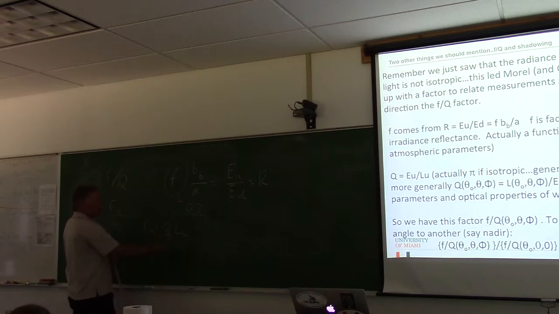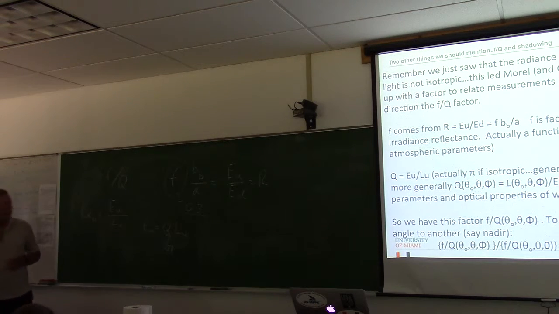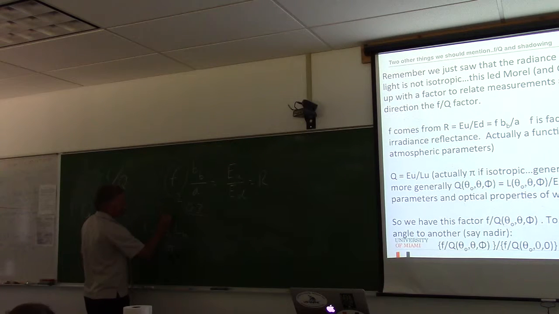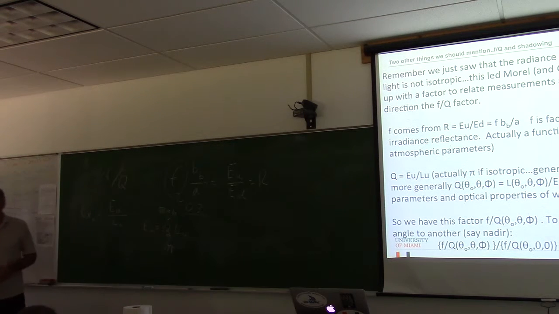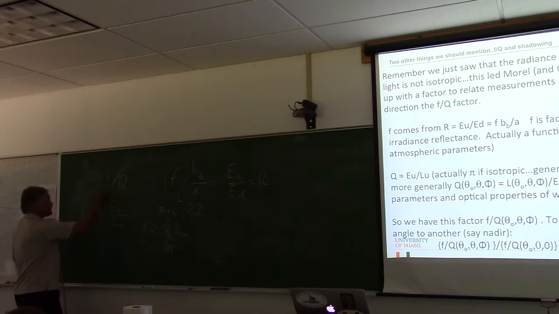If the upwelling radiance distribution was isotropic, then Q would be equal to pi. Q in reality in the ocean ranges from about 3, I've never seen it quite as low as pi, but say pi to 6, somewhere in that range, depending on the wavelength. All right, so we have this formulation that looks like this.